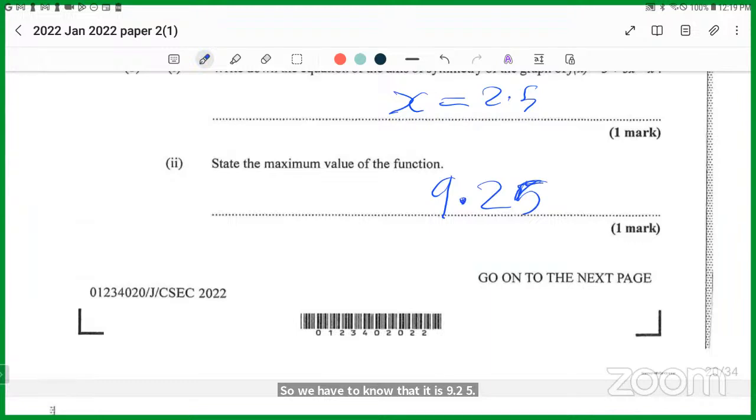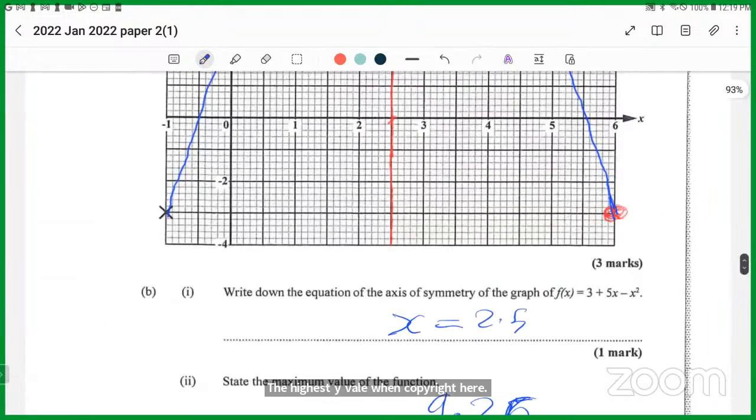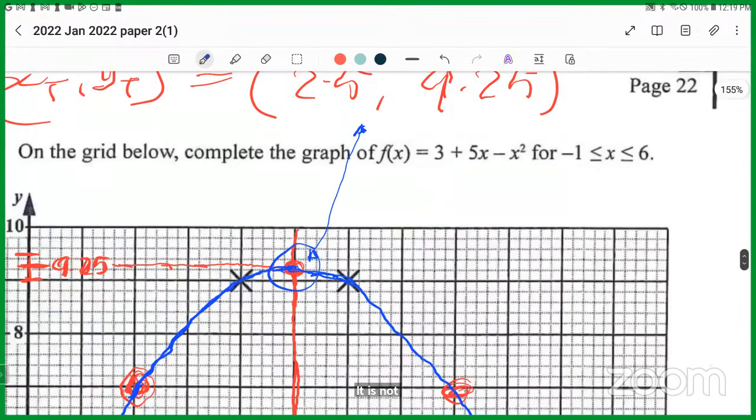That's the highest y value that the graph went up to, right here. It is not 9. The maximum value cannot be at 2 different points. The maximum value occurs at 1 single point only, which is called a vertex point.